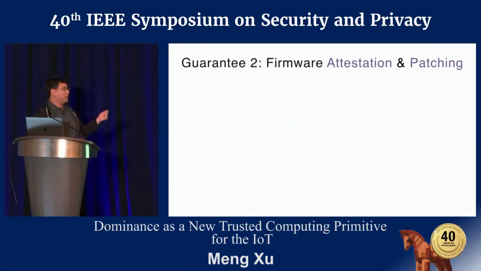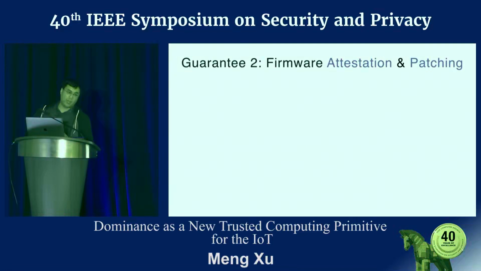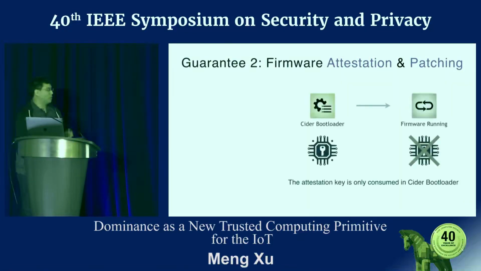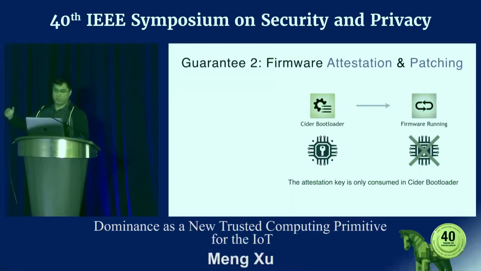So the second guarantee is that we are going to always boot into firmware that is approved by the hub. And for that, we need this attestation and patching scheme. For attestation and patching, we need to communicate with the hub. And everyone knows that if you're going to communicate through an open channel, you need an attestation key. So how do we come up with the attestation key?